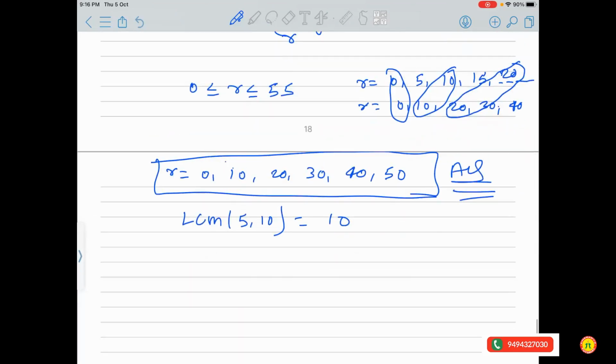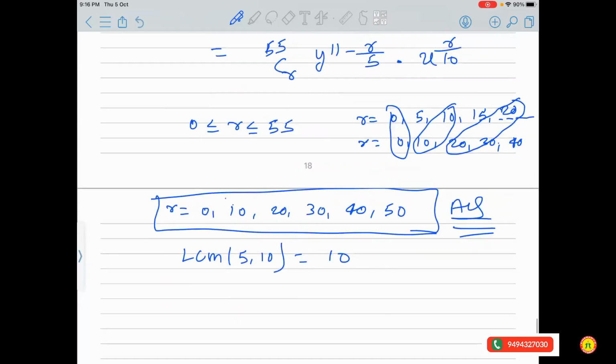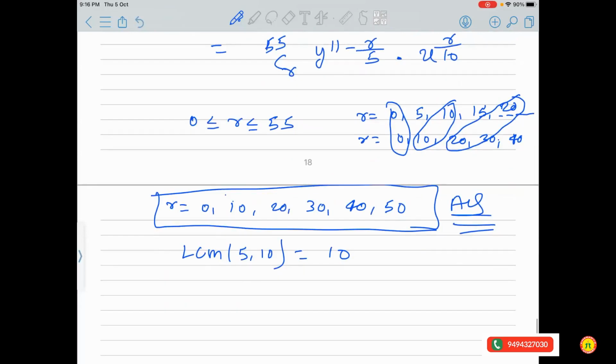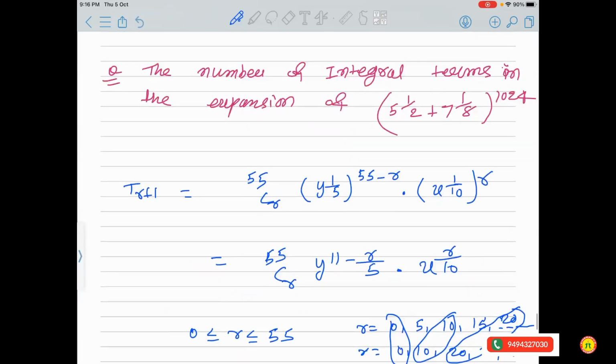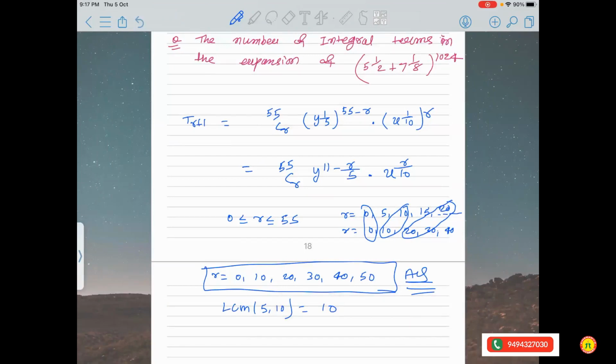Free from radical. Okay, so now if you put r equal to 0, we get y power 11 and x power 0, right? And if you put r equal to 10, y power is 9 and x power 1, sorry, 1. If you put any value from this answer, we get free from radical sign.